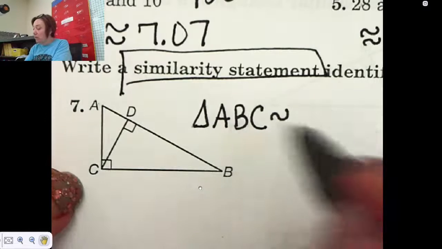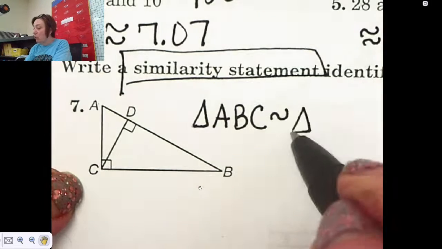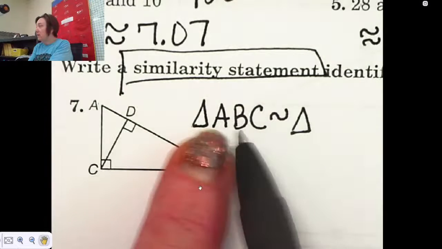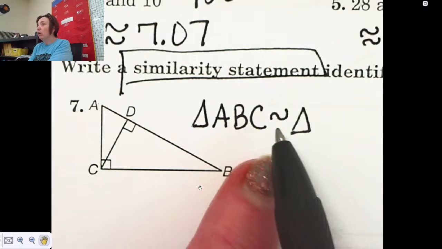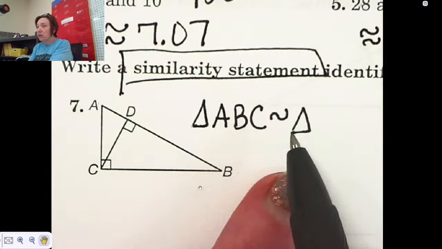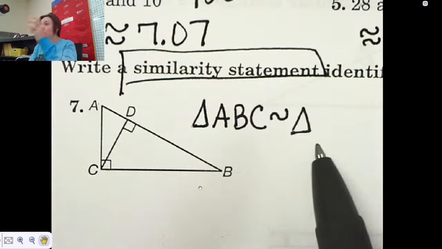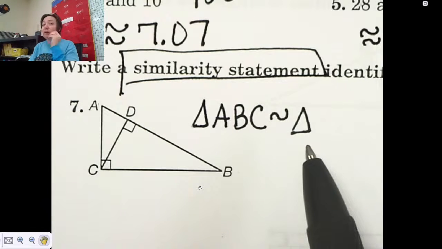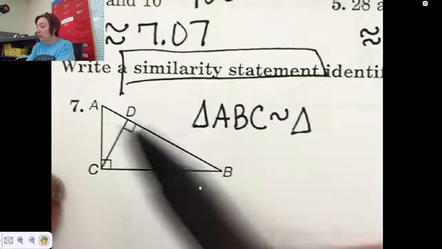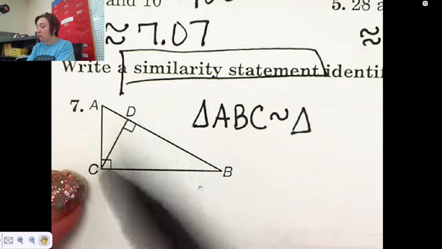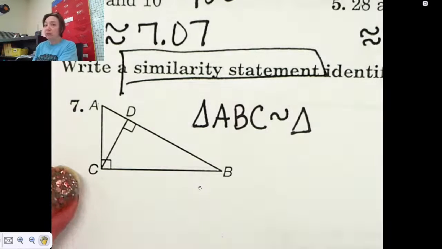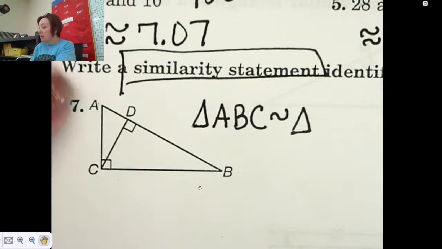So if we say he's similar to this triangle, we have to list the angles in order of congruence. Now, I think personally the easiest way to do this is to start with what angle do they share? What angle do they both have? So if we look at the big triangle and the little triangle, which angle do they both have? A. So A has to be in the same spot.